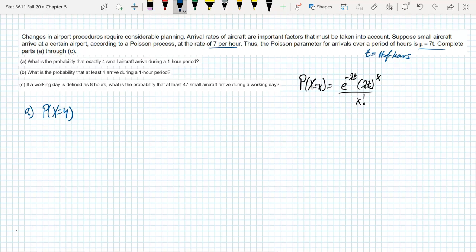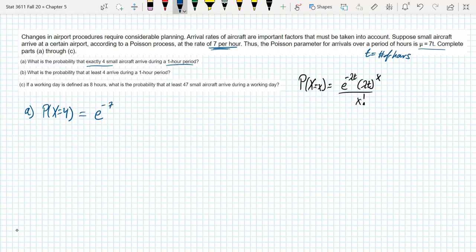So in this case, what's the probability that exactly 4 arrive? This is going to be equal to e to the negative lambda t. So what is lambda t for part A? This is a 1 hour period at 7 per hour.